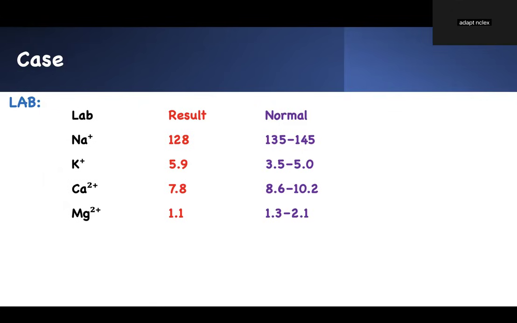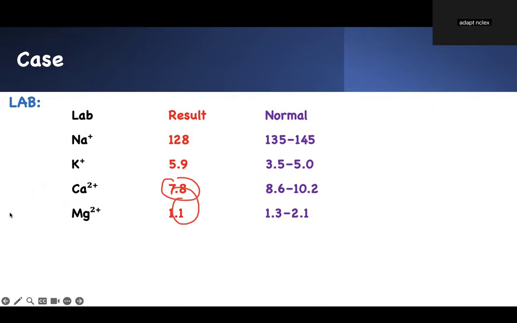What do you see? You can see there's what? Hyponatremia, right there, sodium 128. You can see there's hyperkalemia, potassium 5.9. What else do you see? You can see calcium is too low. And then magnesium is also too low.